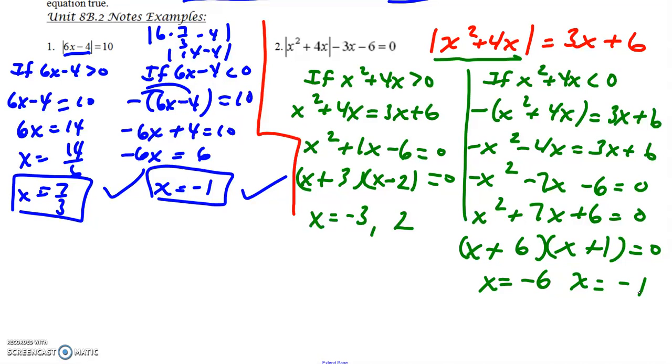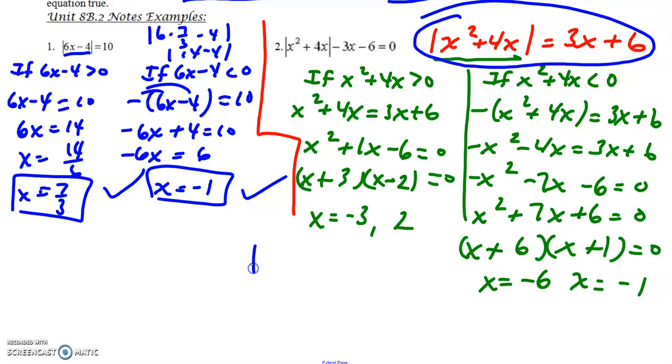Here's the part that's a bit of a pain, but we have to check our answers. I'm going to plug back in to the circled one in red. If I wanted to check negative 3, I would plug it in everywhere I see an x. You can do it in your calculator or in your head, but you need to check. Negative 3 squared is 9, plus 4 times negative 3, has to equal 3 times negative 3 plus 6.